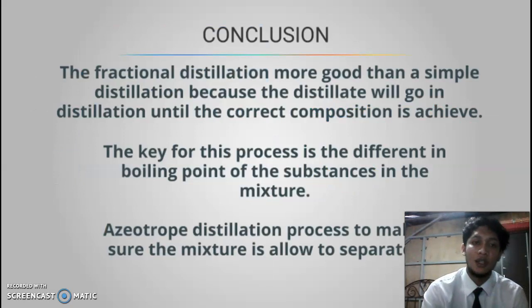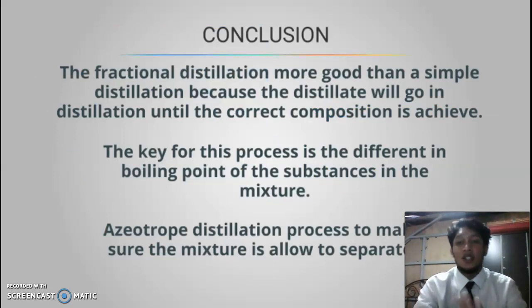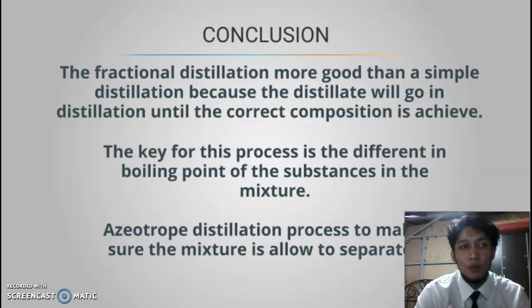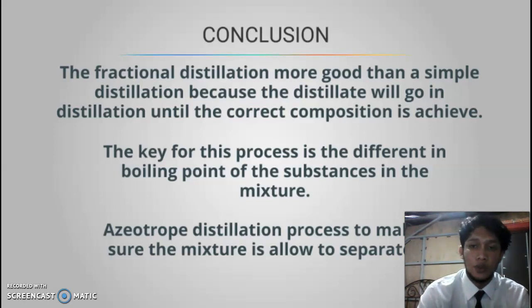For the conclusion, fractional distillation is good for the separation process. Compared to simple distillation, fractional is more suitable for industry because we want the best product to be produced.